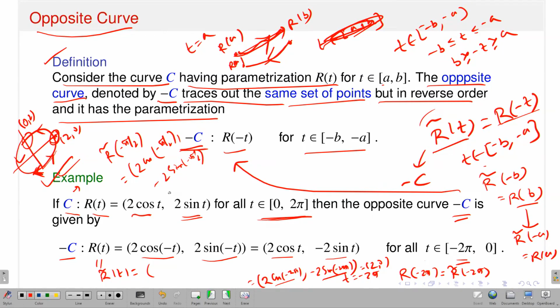So this is 2 cos 90, and cos 90 is 0. This is 0, and at minus 2 it should be 2.